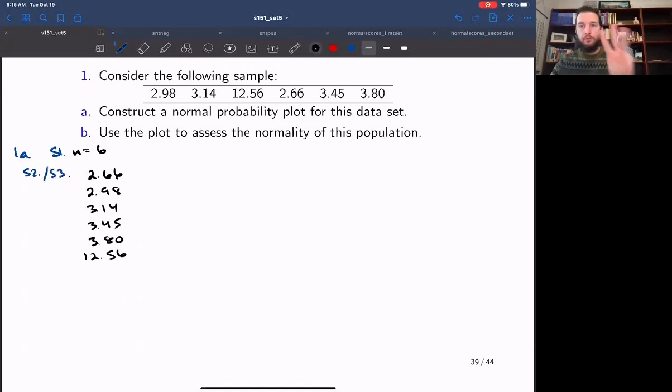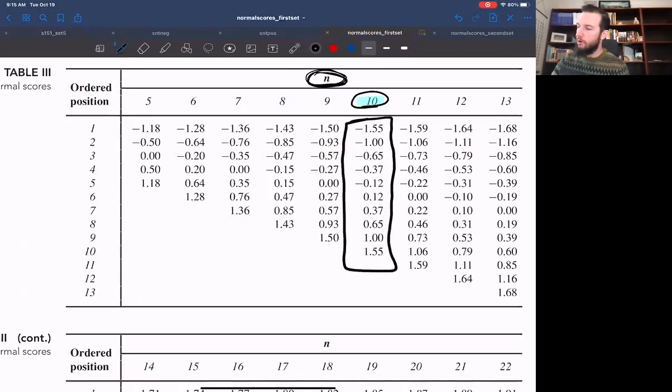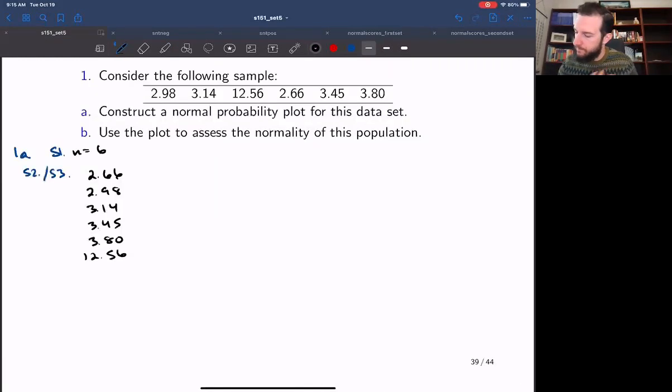Okay, so step 3, we look up the corresponding Z scores. So we go to our normal scores. Here's N equals 6. So these are the values that we are going to use. So we're just taking this set of 6 values and placing them next to our observed quantities.